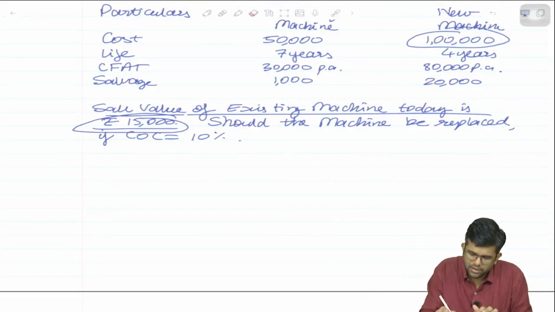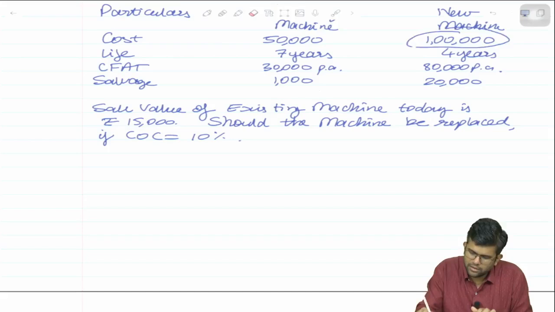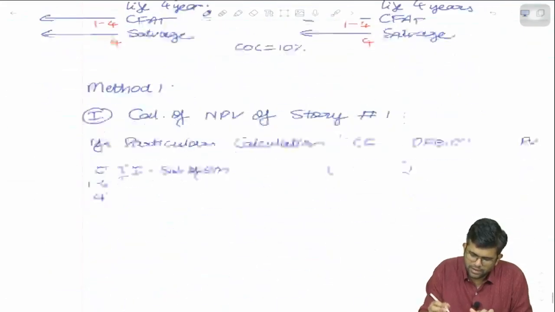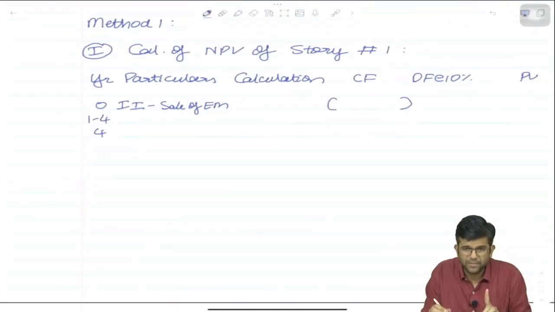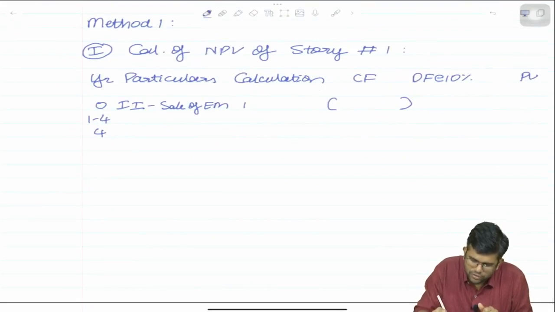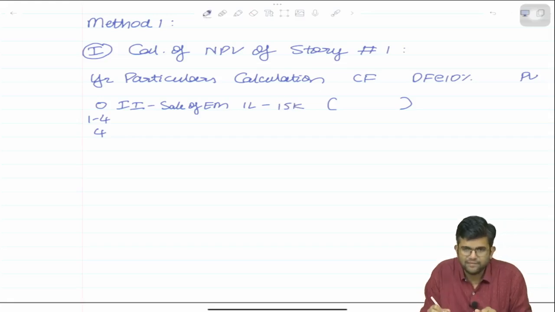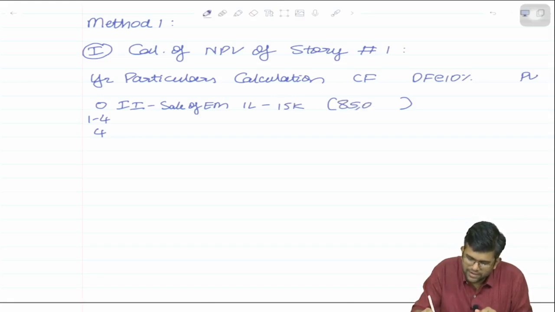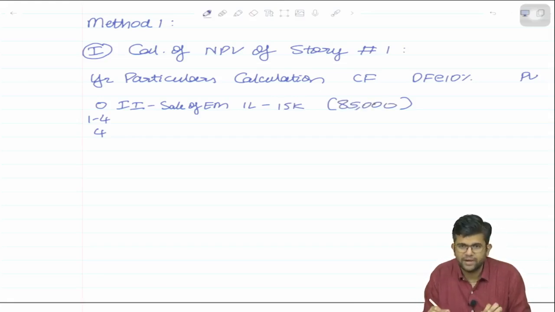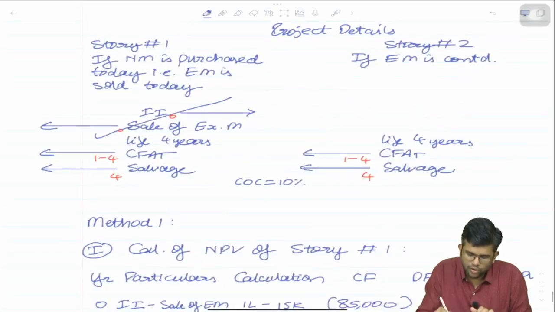Everyone clear? So if I go for story number 1, I will have to spend 1 lakh to buy the new machine, but also I will get 15,000 rupees as salvage of the old machine today, and therefore can I say 85,000 rupees is my net initial investment. Everyone clear till here? Now with that, can I say I have knocked off these two items?